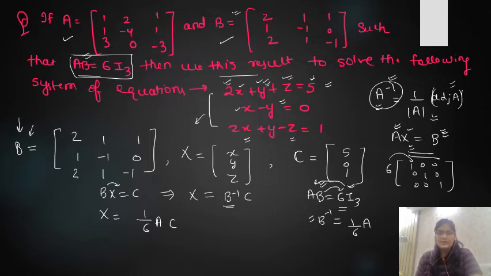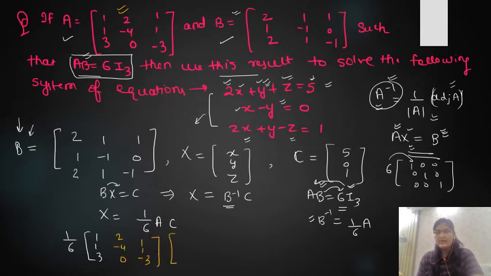Okay, so now what you have is 1 by 6th. What is A? This one, 1, 1, 3, 2, minus 4, 0, 1, 1, minus 3.